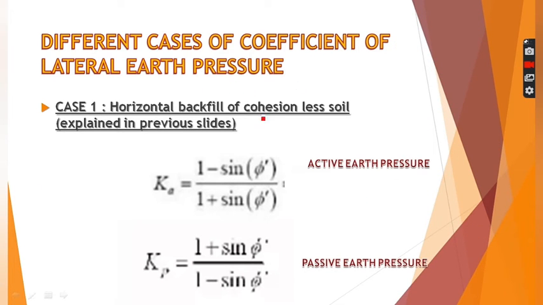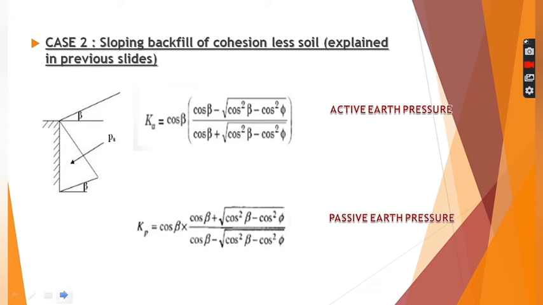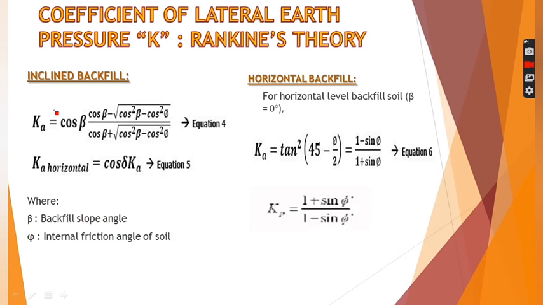So first case is for dry or cohesionless soil. For horizontal backfill, if there is a cohesionless soil, the value of Ka will be the same and Pa will be half Ka gamma H square, no difference. If there is inclined backfill of cohesionless soil, that is inclined or sloping backfill of your dry soil, then we will use the case for inclined backfill, which we have studied here.